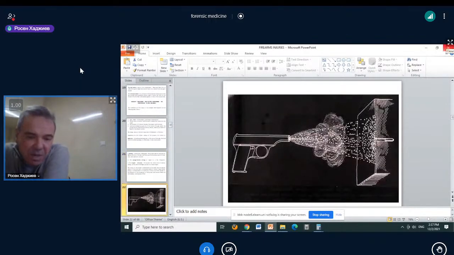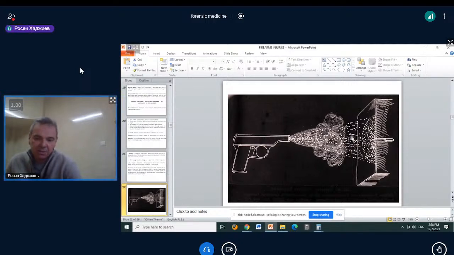What comes out from the muzzle? Not only the bullet, it's obvious, but something else. These are called additional factors. They spread out like a cone in the same direction as the movement of the bullet. The top of the cone is turned to the muzzle, and the base coincides with the direction of the movement of the bullet.